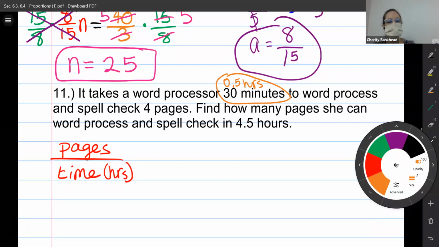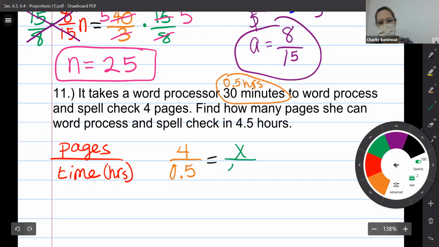So she can do 4 pages in 0.5 hours. So 4 over 0.5 equals. And then the unknown is the number of pages that she could do in 4.5 hours. So 4 over 0.5 equals x over 4.5.